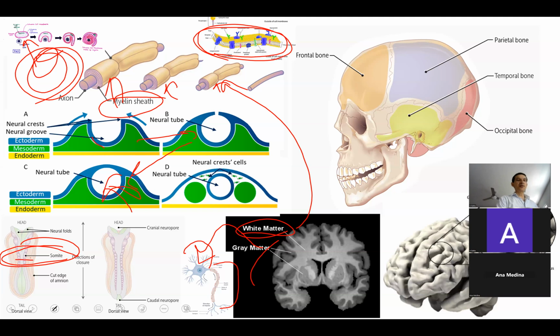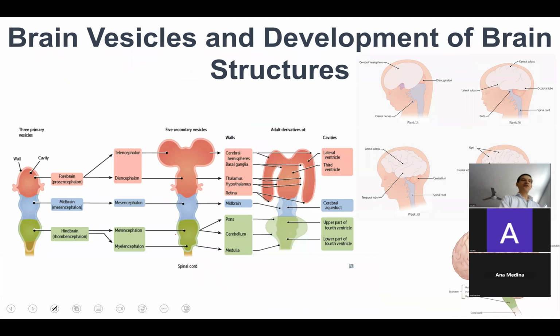It starts around here in the middle and zips toward the upper side and toward the lower side. The upper side is called the cranial neuropore, or anterior neuropore. Pore means a hole, so it's the topmost hole. This hole will eventually close and form a structure with three vesicles: one, two, three.